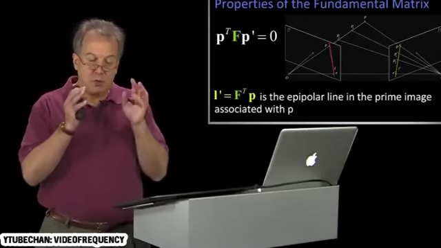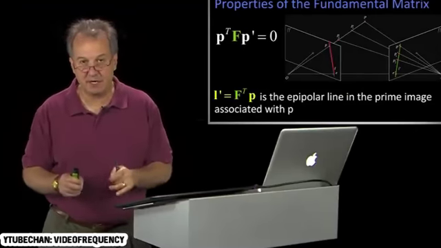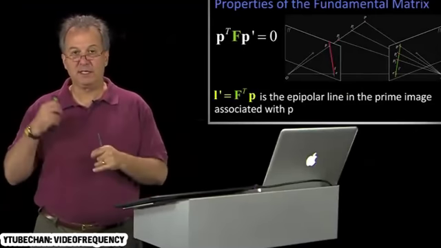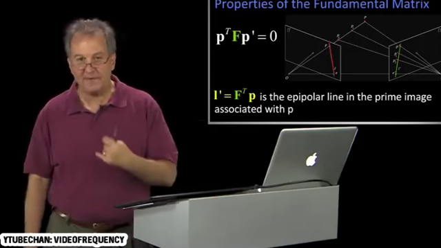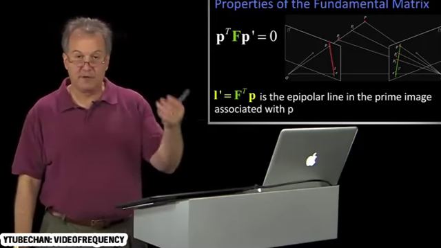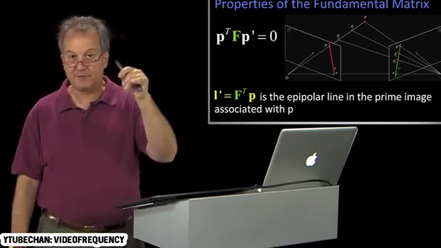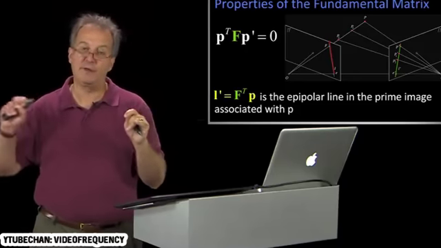So what the fundamental matrix does is give us the epipolar line constraint between two views. If I know what F is, I can compute the epipolar lines. For a given point, I just take F transpose P, and that's the epipolar line in the other image.